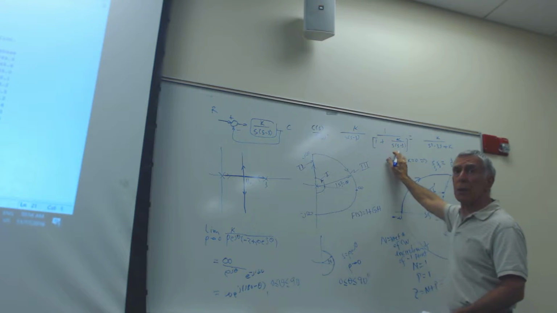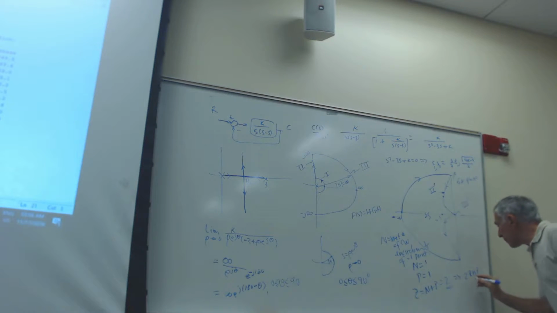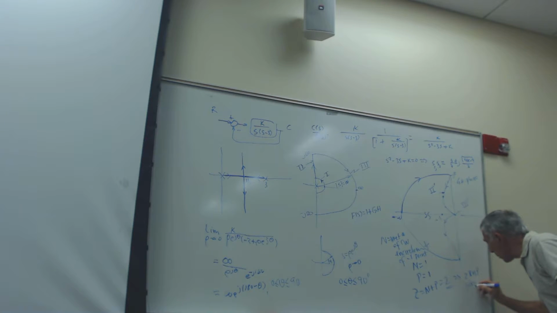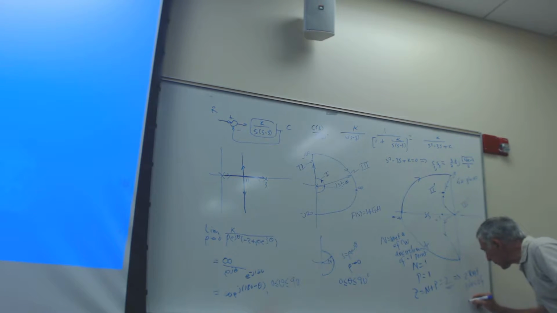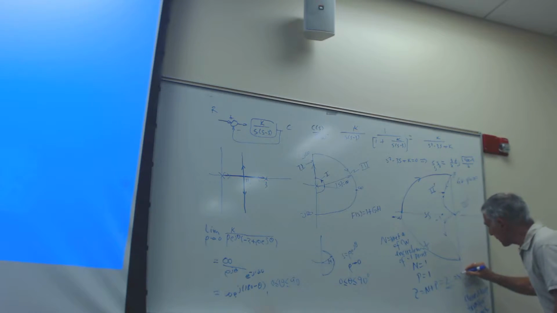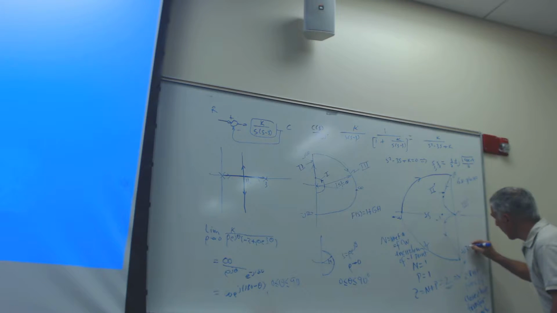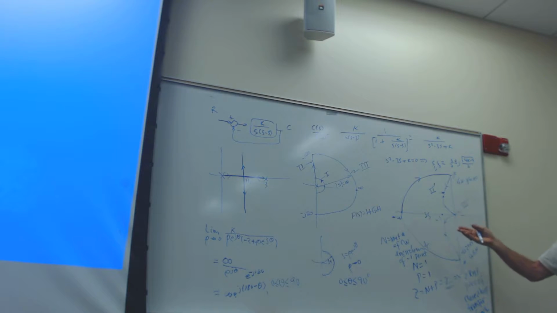So 2 right half plane poles of the closed loop transfer function, and that's the same as the number of zeros of 1 plus gh.